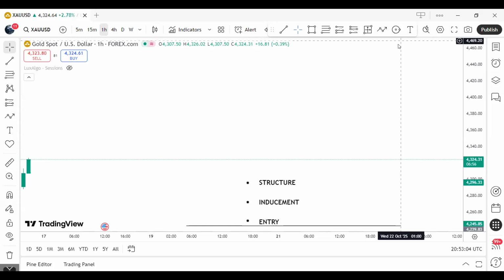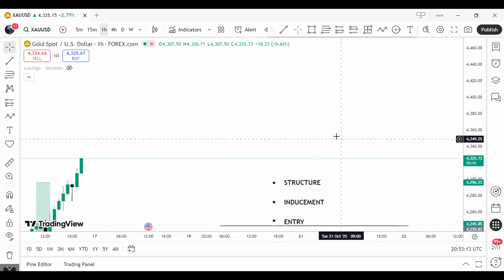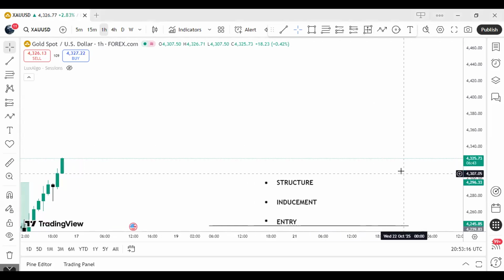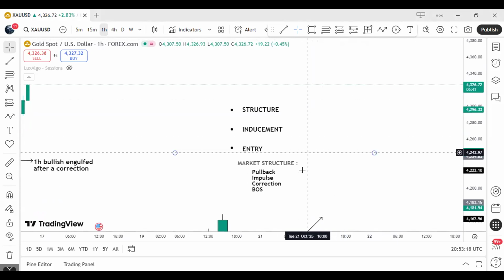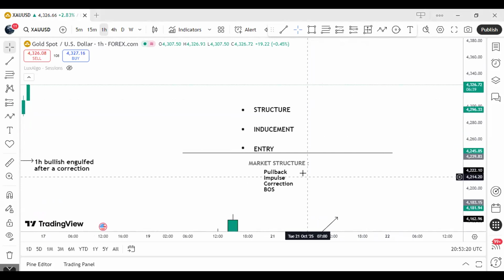So like I said, we're going to be talking about the structure of the market first. Market structure is what we're basically going to focus on today. Under market structure, we have impulse, pullback, correction, and we also have break of structure.